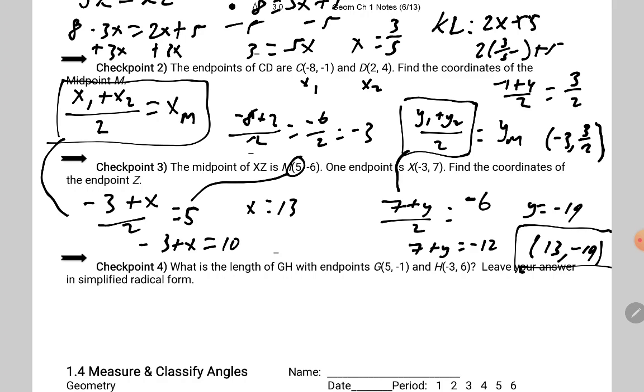All right, one more problem. What is the length? So this is not asking for midpoint, it's asking for length. So we're going to use the distance formula. So distance formula again is the square root of x2 minus x1 squared plus y2 minus y1 squared.